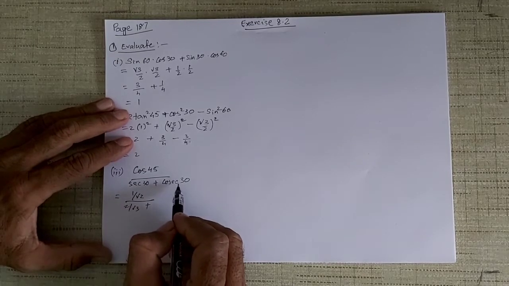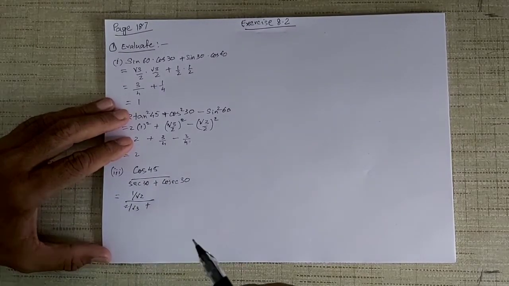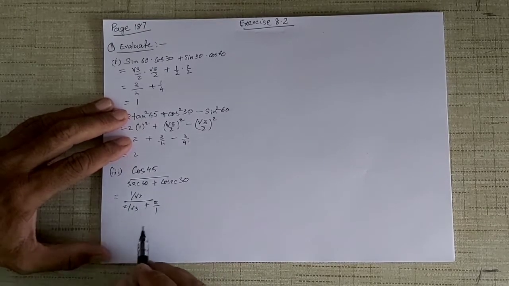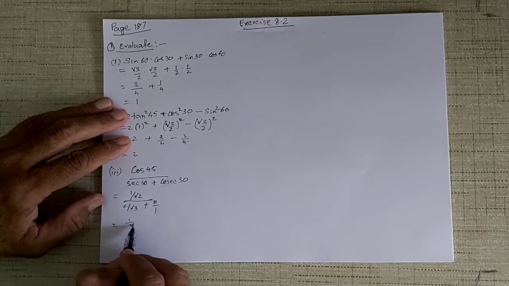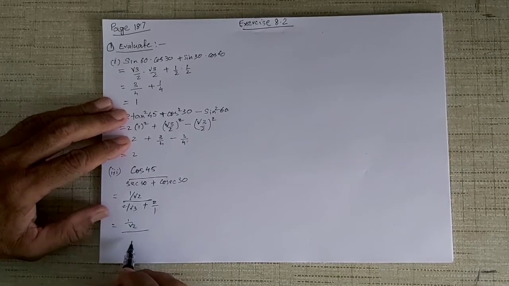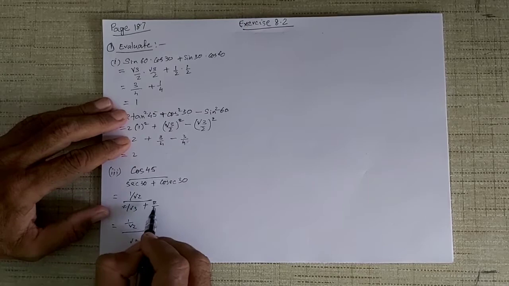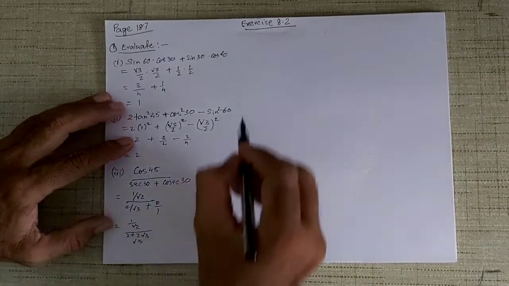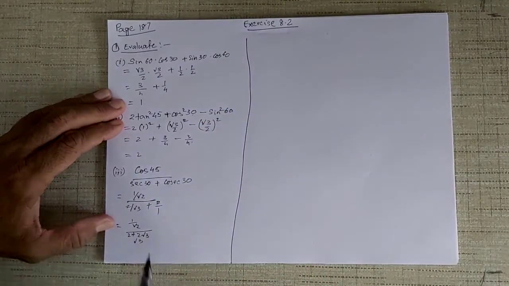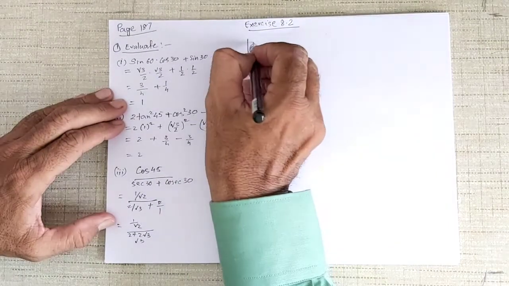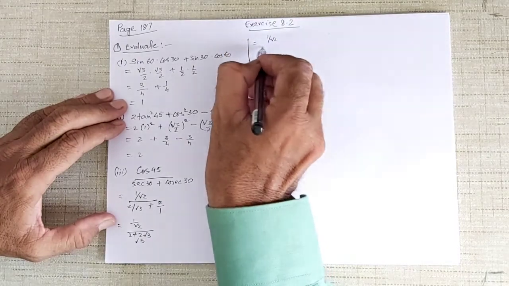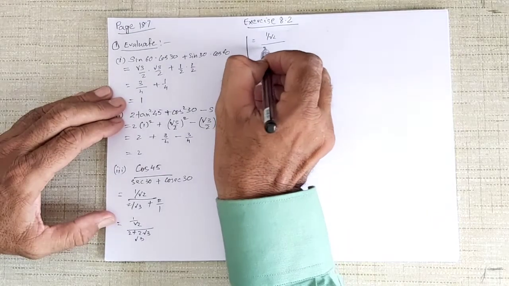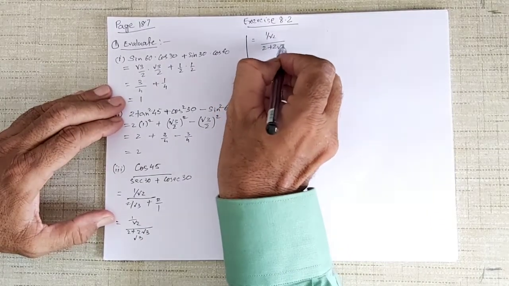And cosec is the reciprocal of sine. Sine 30 is half, so the reciprocal of half would be 2 upon 1. So this is 1 upon root 2. Take LCM as root 3, so 2 plus 2 root 3 upon root 3.